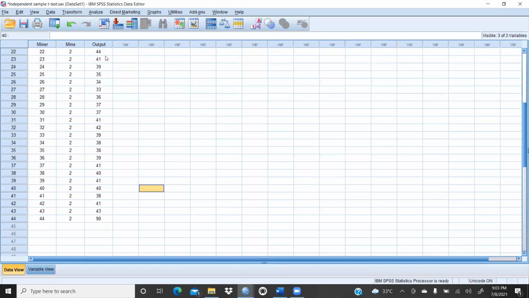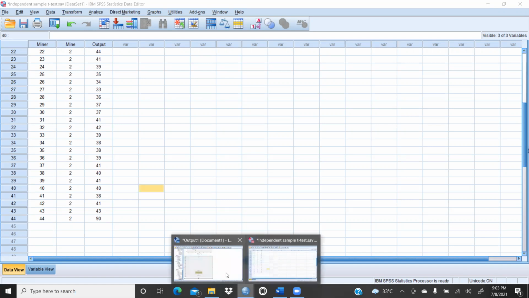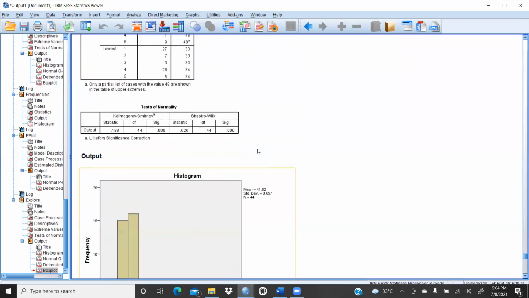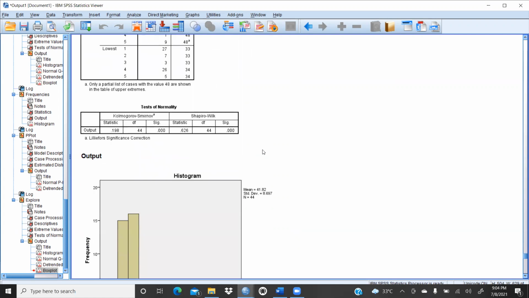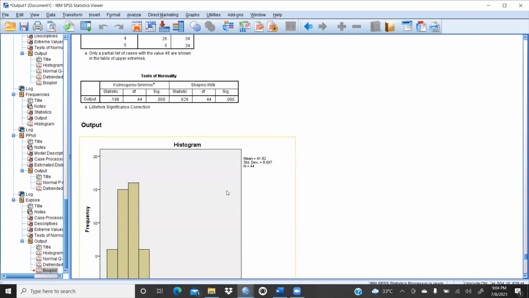Now in these values, all the values have changed a little bit, and just because of this 90, the mean value would also change. You could see all the values have changed here. After I changed this value to 90, you could see there's a lot of difference in the histogram and significance.